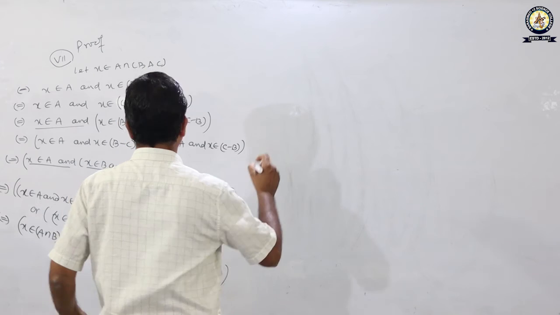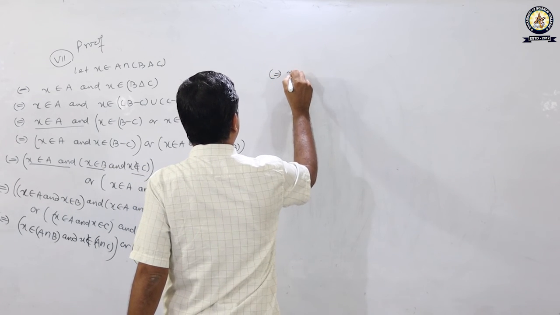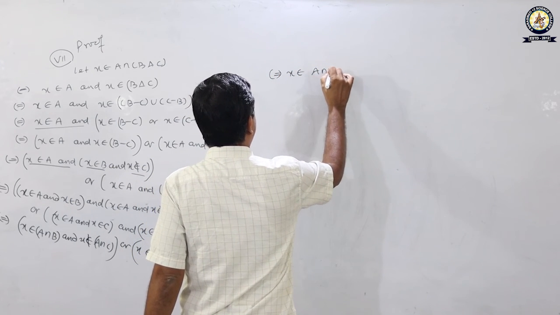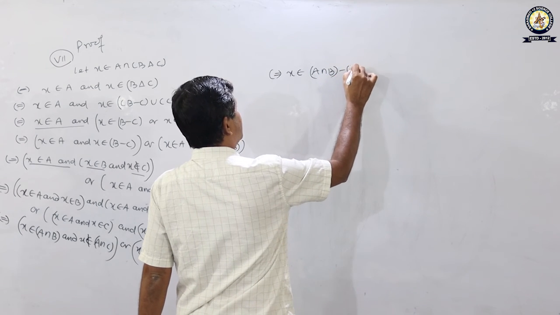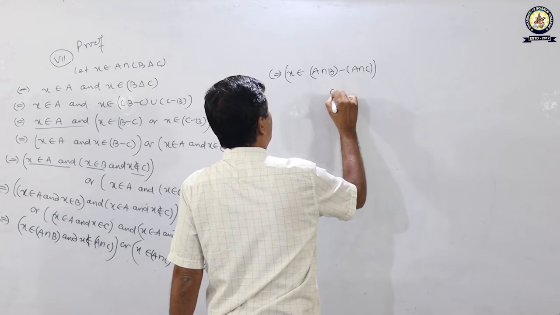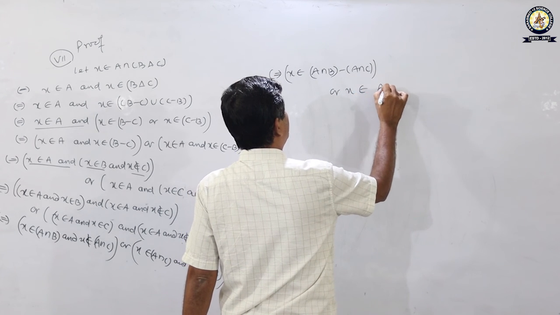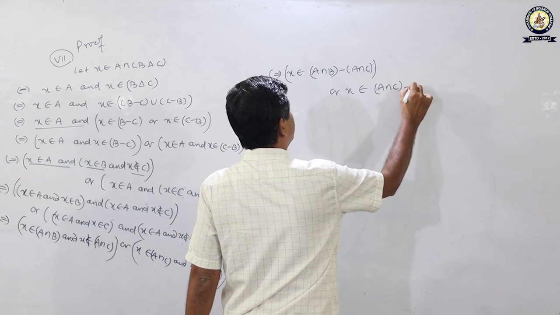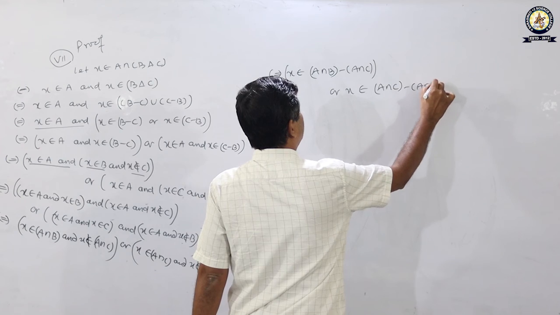This part is X implies and implied by X belongs to A intersection B difference A intersection C or X belongs to A intersection C difference A intersection B.